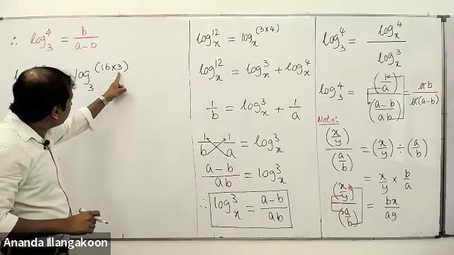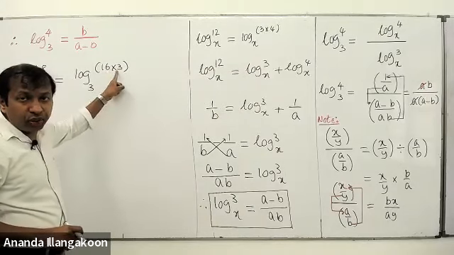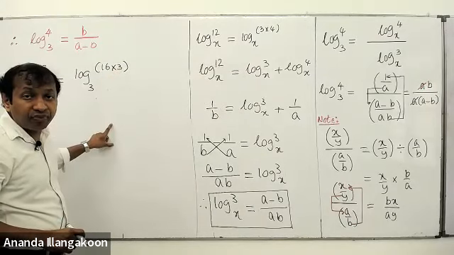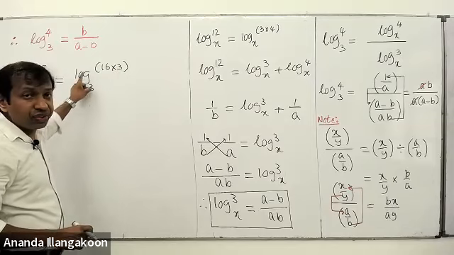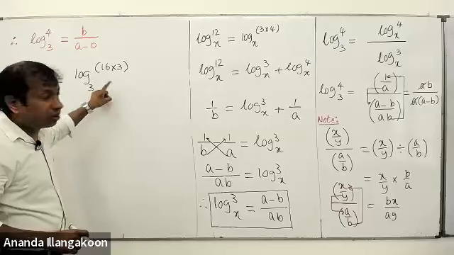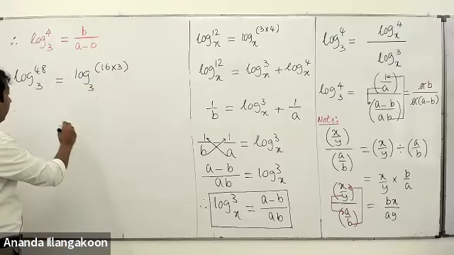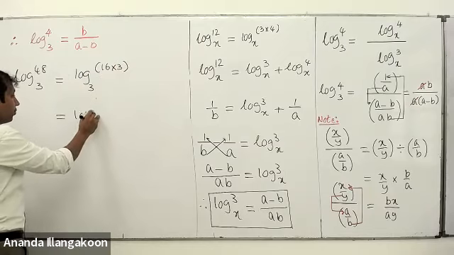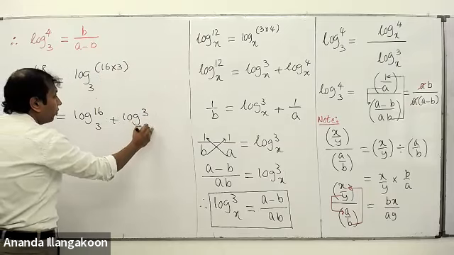Here you have a product. Then this right hand side, this product you can write as a sum of two log terms. What are the log terms? Log 16 to the base 3 plus log 3 to the base 3.